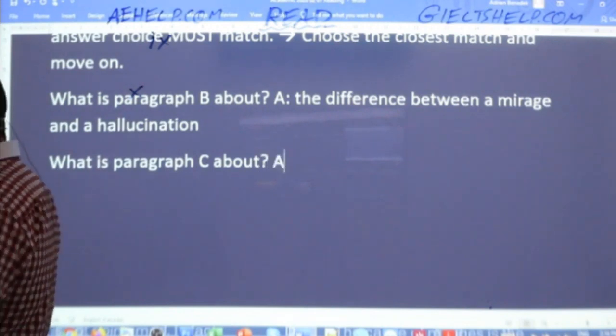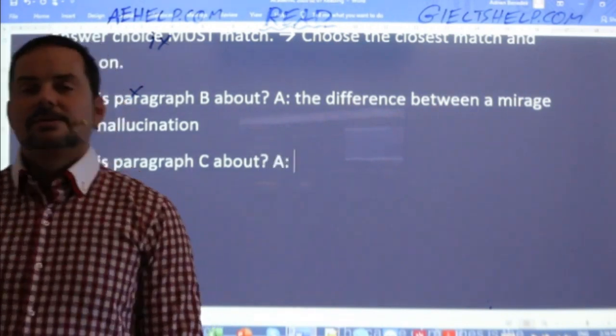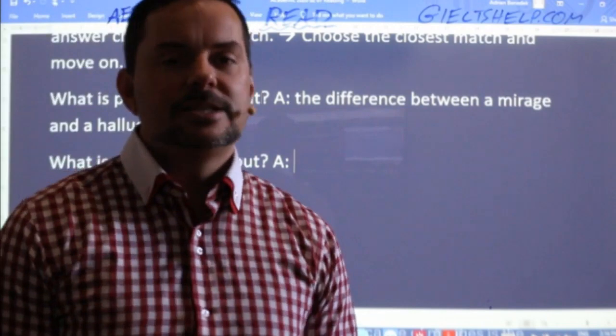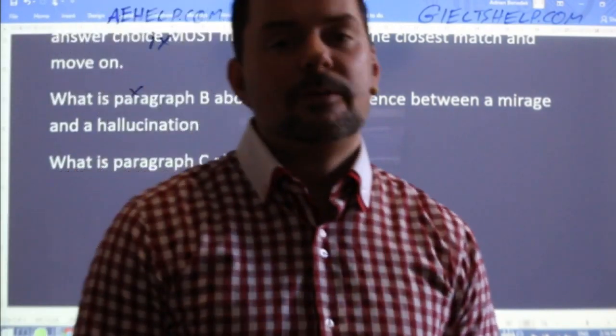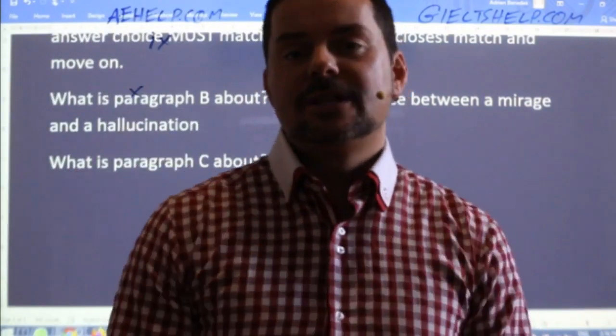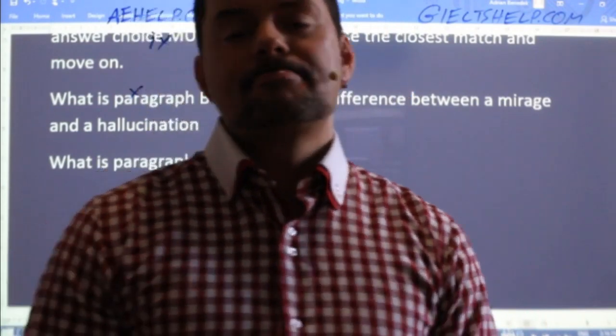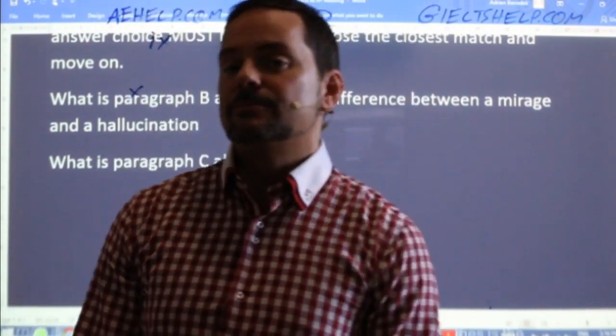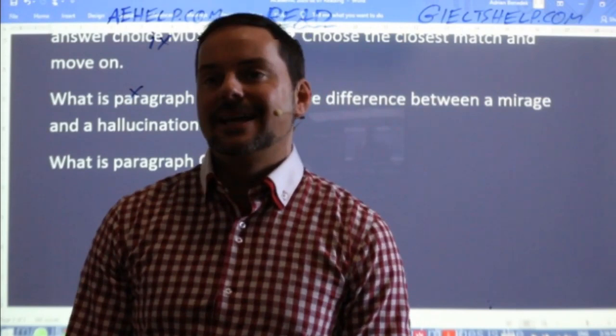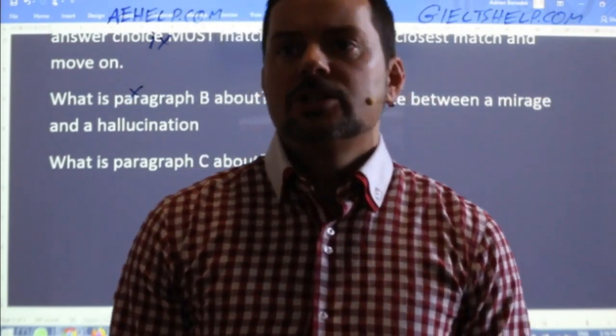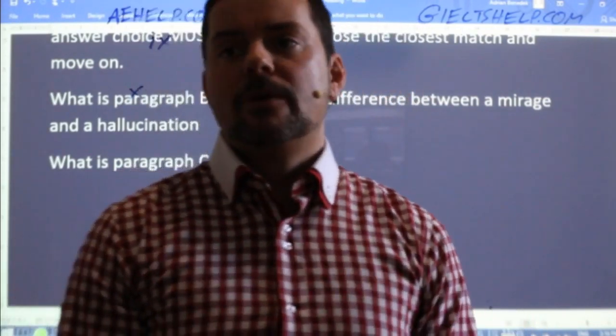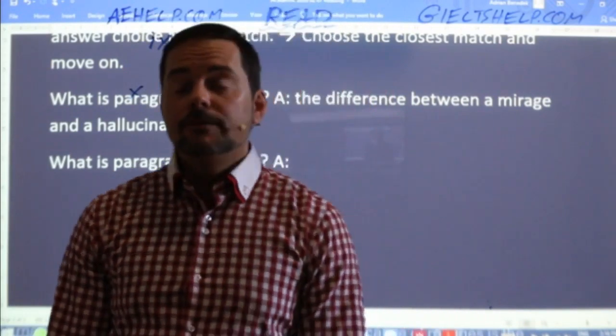Okay. So what is paragraph C about? So it says, well, it's popular for people to know about this, water in the distance in the desert. We usually see mirages on warm, sunny days. So Ferdov says, one more example of mirages. Yeah, very good, Ferdov. You're on the right track.